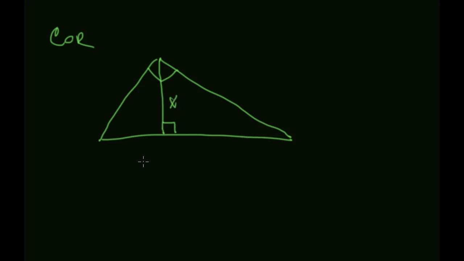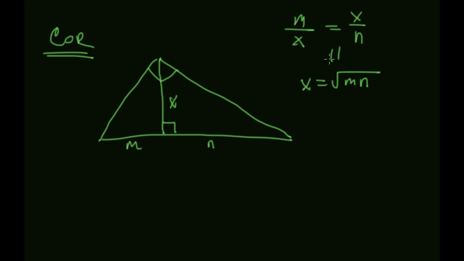So if I call this x, and I call this m, and I call this n, then x has to be the geometric mean of m and n. And that directly follows from the similarity, because if the small triangle and the medium-sized triangle are similar, then m is to x as x is to n, and that results in that geometric mean.